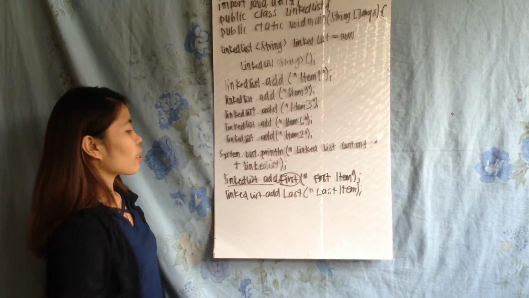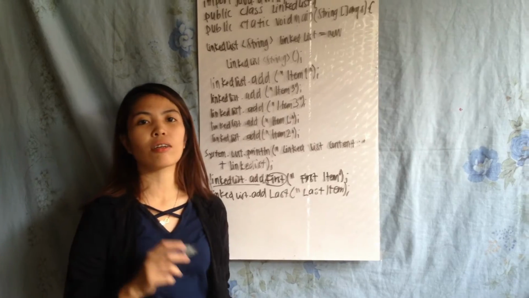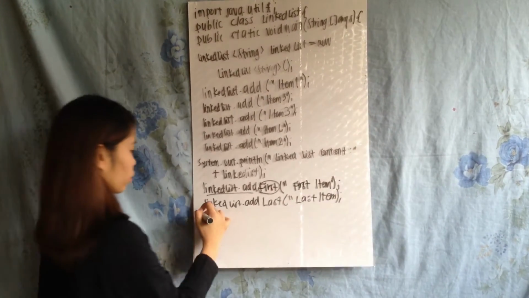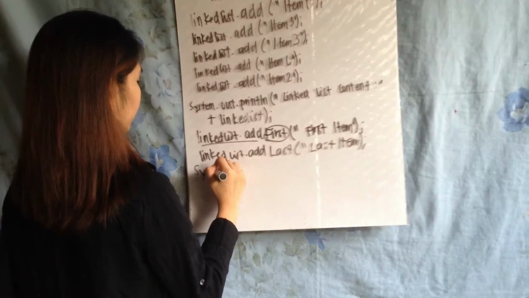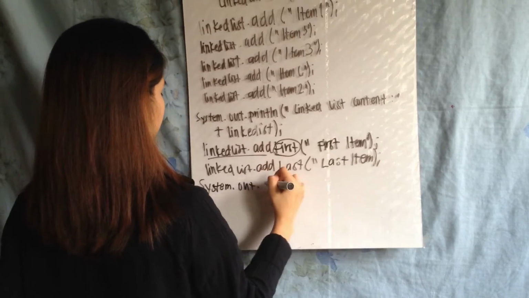So, para mailabas natin to sa output natin, gagamit ulit tayo ng System.out.println para lumabas siya sa output. So, ilalagay natin siya ng ganito. System.out.